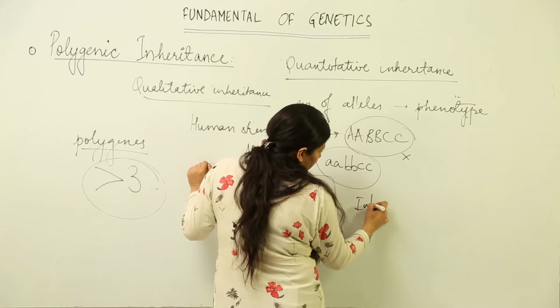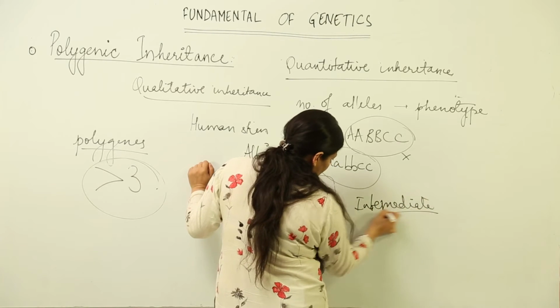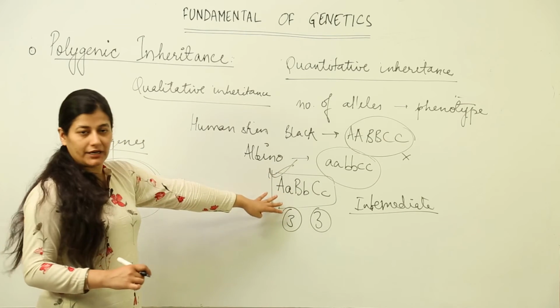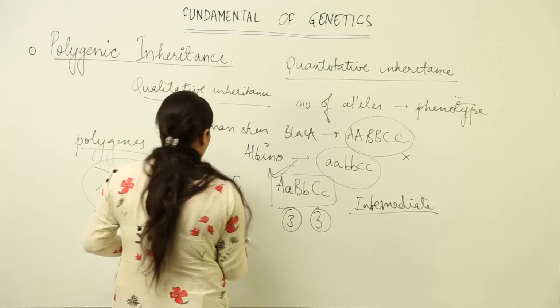Now suppose you are asked to interbreed these offspring. This is F1. Now what would happen in F2?